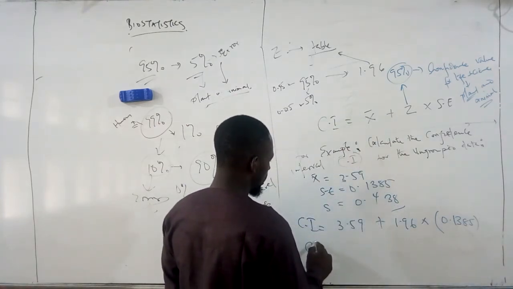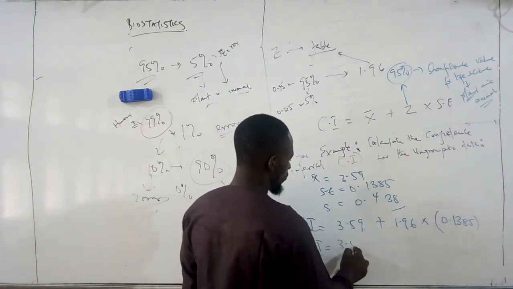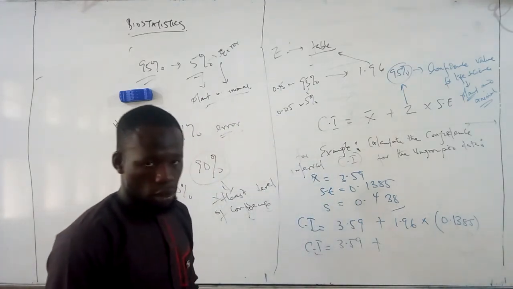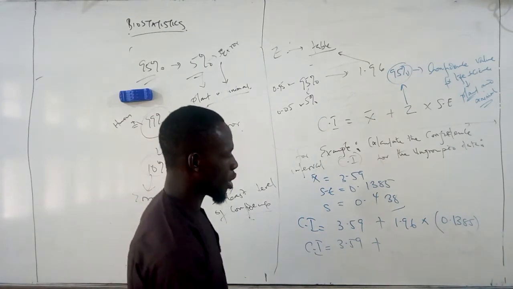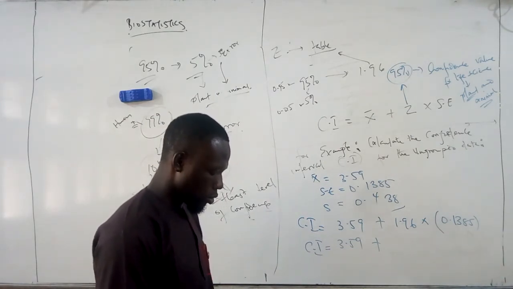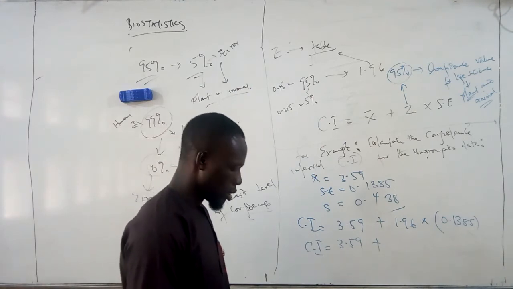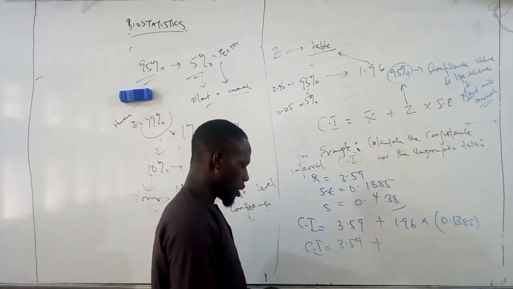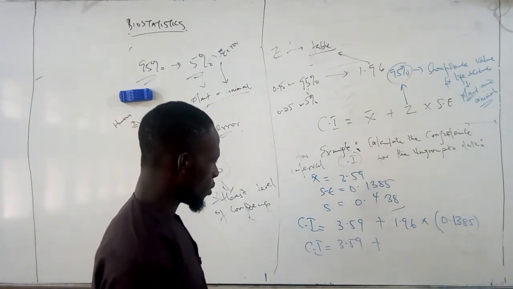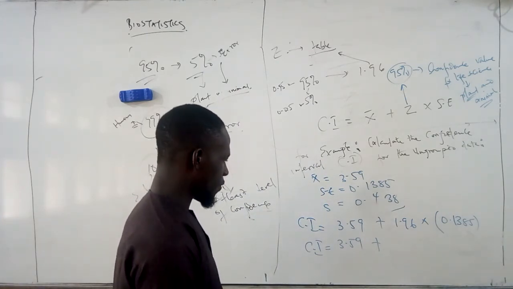So confidence interval will be equal to 3.59 plus, multiply the two first. Applying these two, we are going to have 1.96 times 0.1385 plus 3.59.